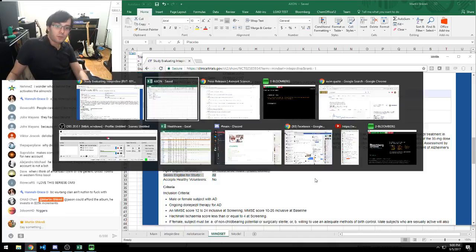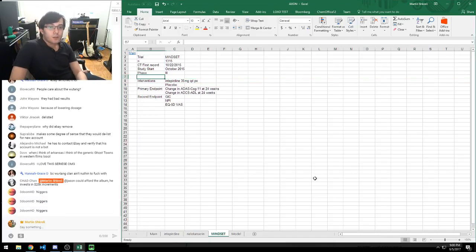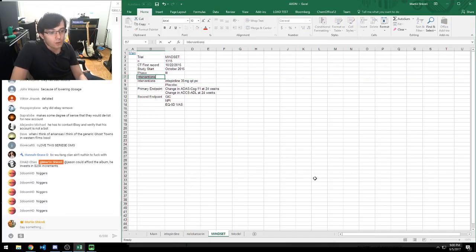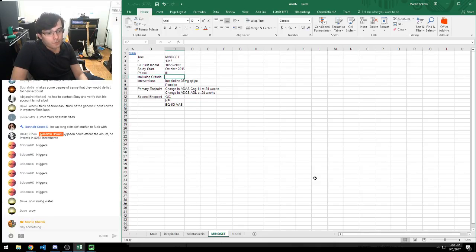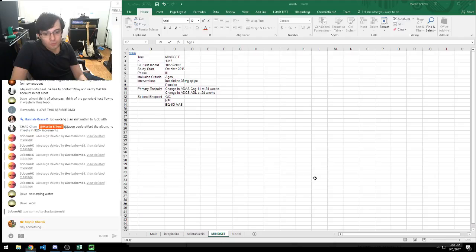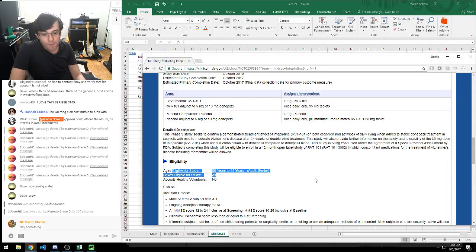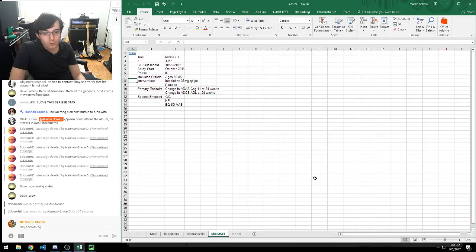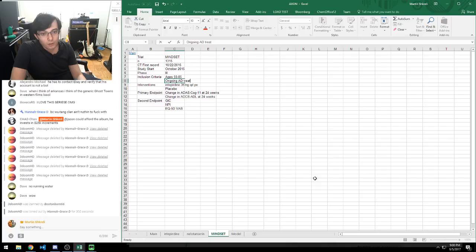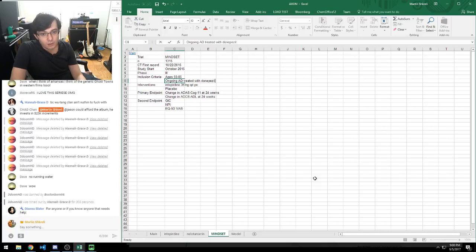So eligibility is pretty important. So let's say enrollment or inclusion criteria. Ages 50 to 85. Ongoing AD treated with donepezil.